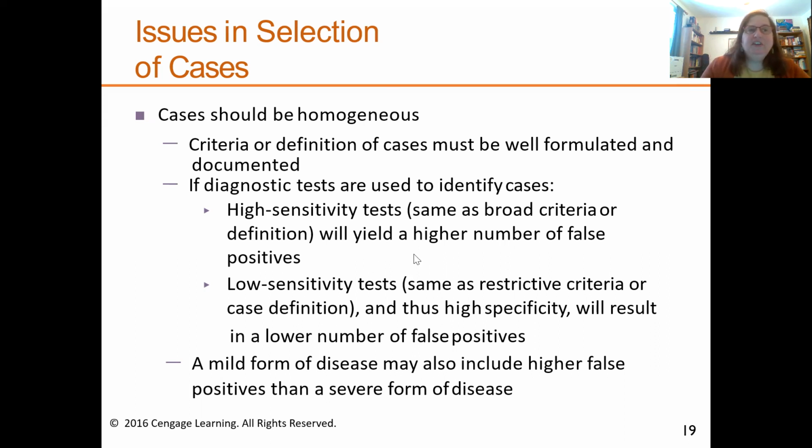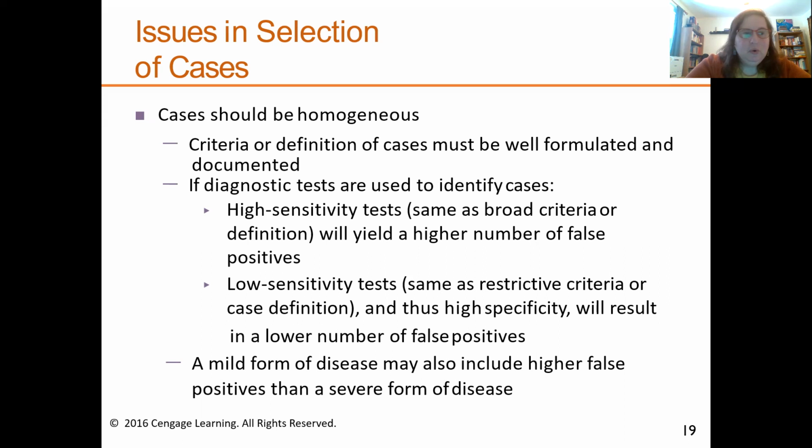But a high sensitivity test is also going to yield a high number of false positives. You see, it's pulling more people into your positive bucket, so some of them are going to be wrong. With a low sensitivity test, if you use restrictive criteria, then it'll have high specificity, which is good at identifying negatives, and then you'll have fewer false positives.